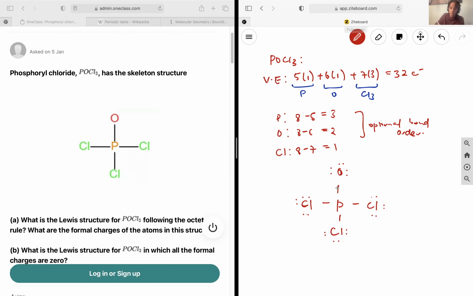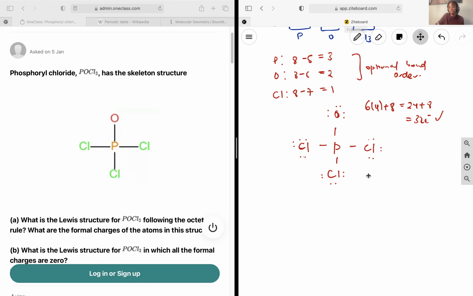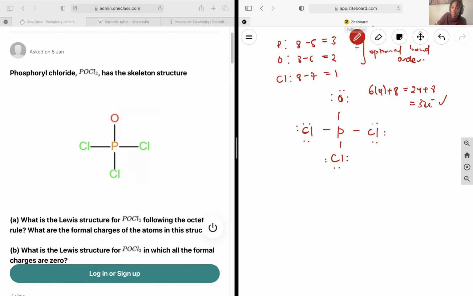And so we have 2, 4, 6 by 4 plus 8. That's going to give us 24 plus 8 electrons, and that is the 32 electrons that we have. So this Lewis structure does work. Now let's double check on the formal charges to see if it's the lowest energy Lewis structure for this molecule.